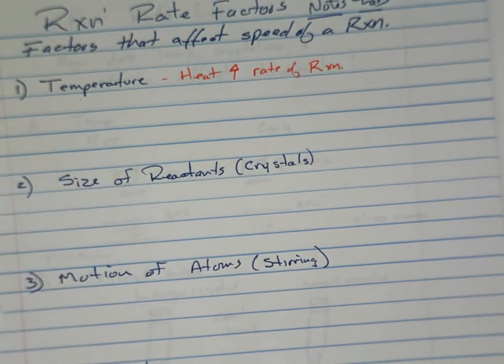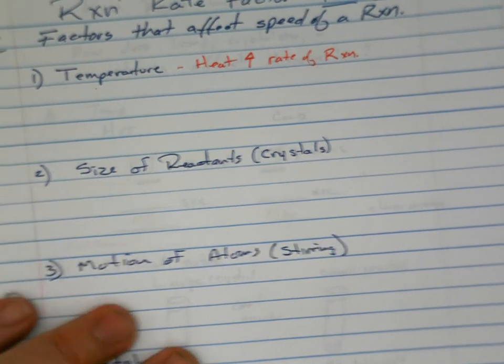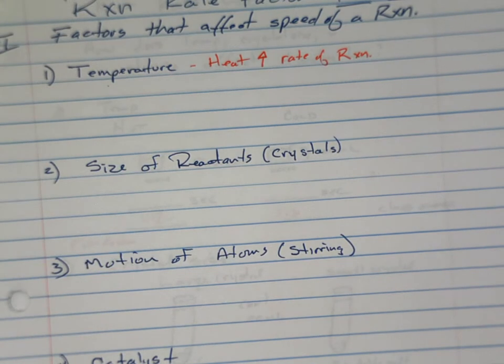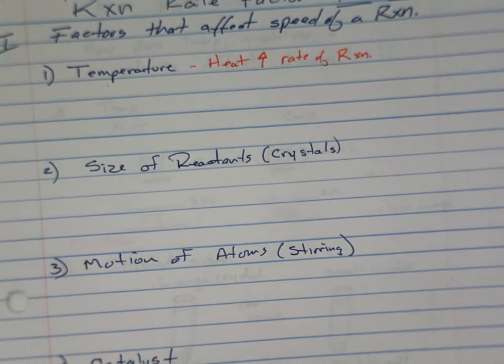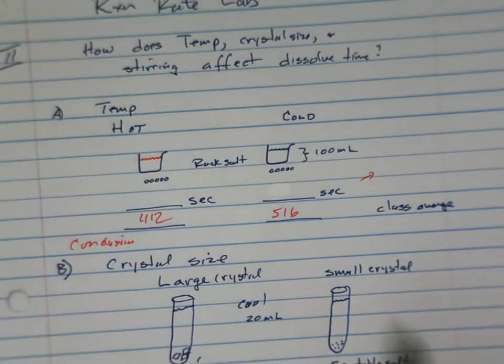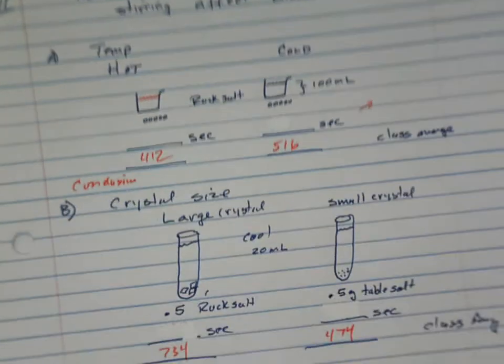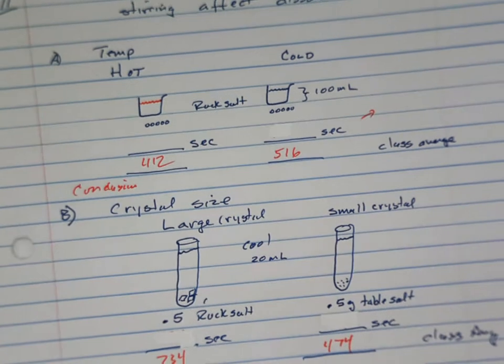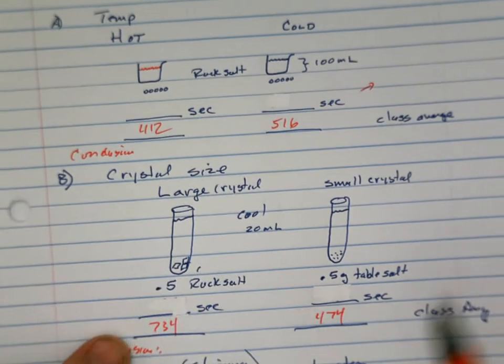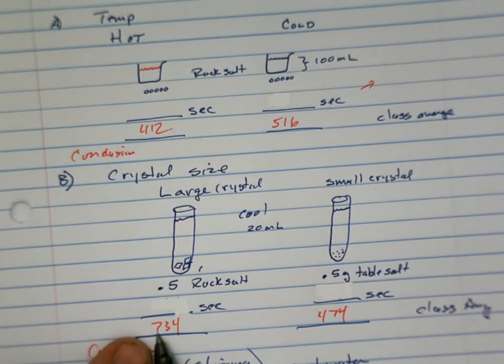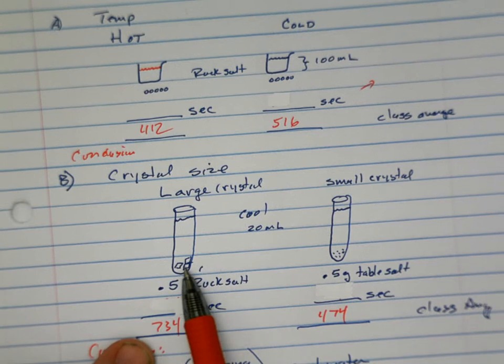Also, the size of the reactants. For our lab, we were doing crystals. Now, the smaller you make the reactants, there's more surface area for them to react. And so when we did our lab here, we found under crystal size that on average the large crystals took over 700 seconds to dissolve.